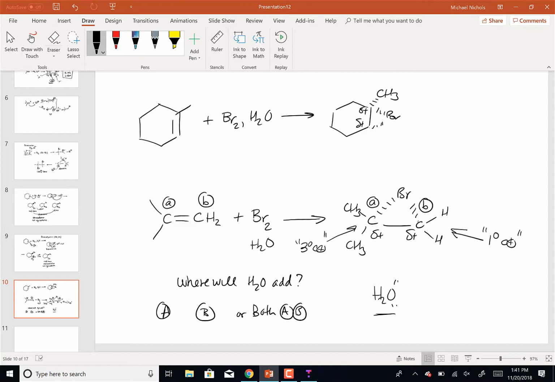Okay, so I have no choice. Now, if I was a strong nucleophile, like OH minus, what would change? Potentially the mechanism would change, right? Because then I could say, oh, well, I'm a strong nucleophile, I can do SN2. And that's my preference. If I'm doing SN2, what's guiding me?